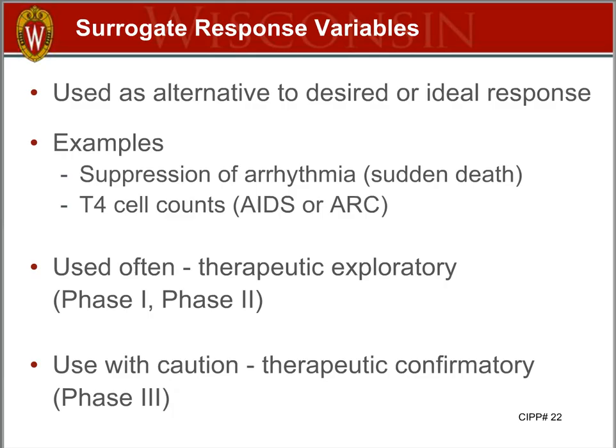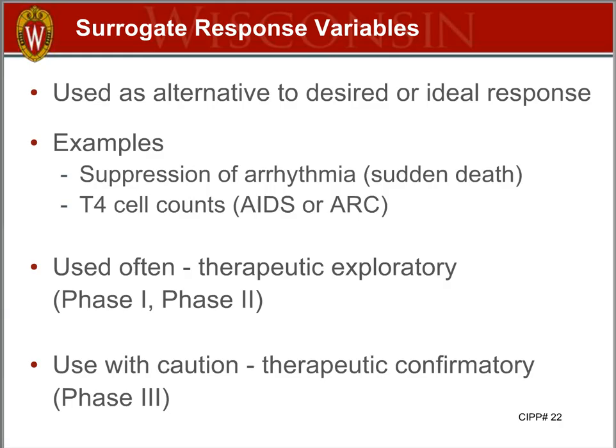One of the controversies that's been around for quite a while and continues to be around is the use of surrogate response variables. By surrogate, I mean here a substitute, an alternative to the desired or the ideal clinical response. Examples of surrogates might be to measure the suppression of arrhythmias in a population at high risk for sudden death.